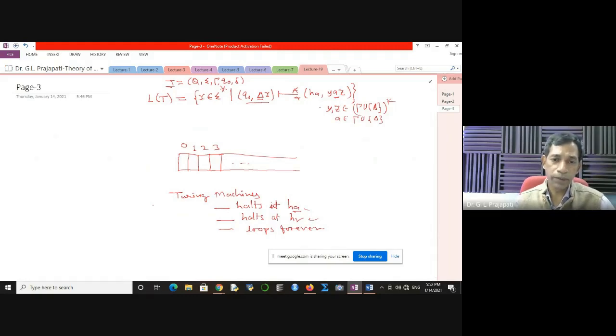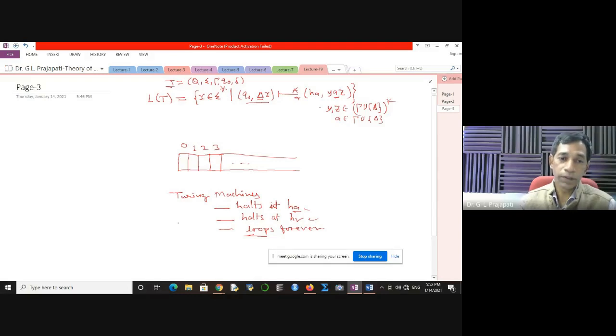In the case of the Turing machine, there may be a situation where for some input, the Turing machine may not be able to decide in reasonable time whether the input is in the language or not. The Turing machine may loop forever. Once it loops forever, this becomes the undecidable problem, which means you cannot decide whether the given input is in the language or not.